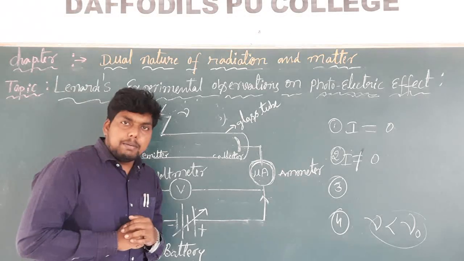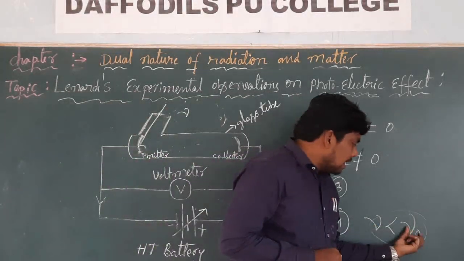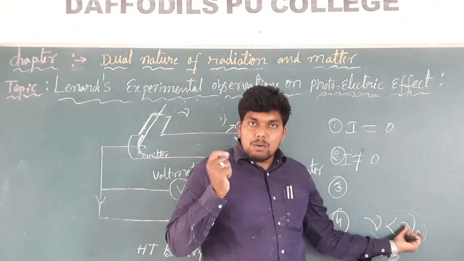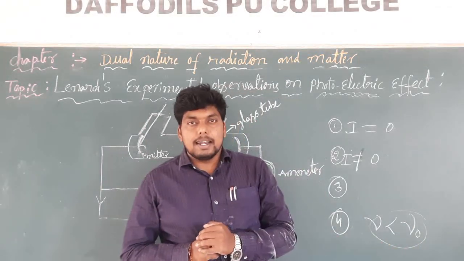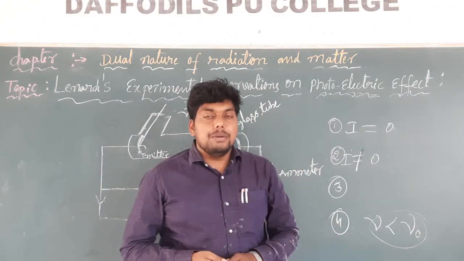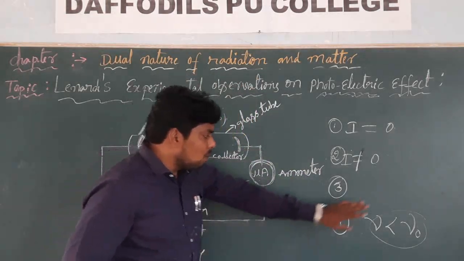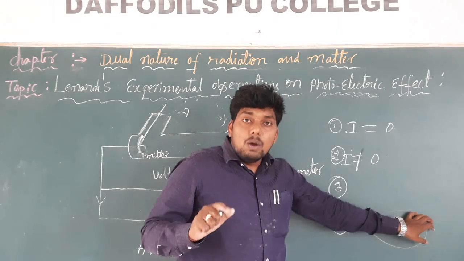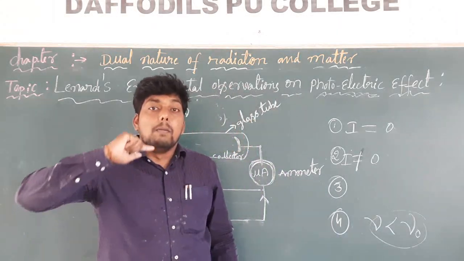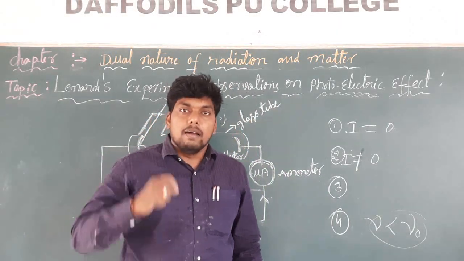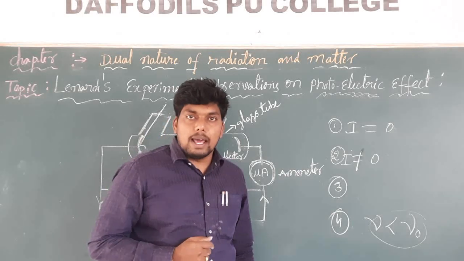What is meant by threshold frequency? It is the minimum value of the frequency of incident radiation. Below that, you cannot observe any photoelectric effect. It means that we have to apply a frequency which is equal to or more than the threshold frequency. Then only you can observe the photoelectric effect.